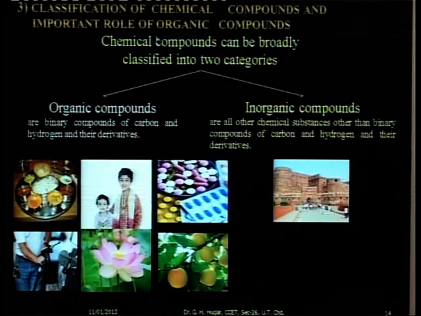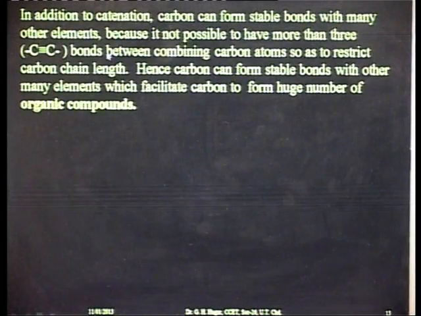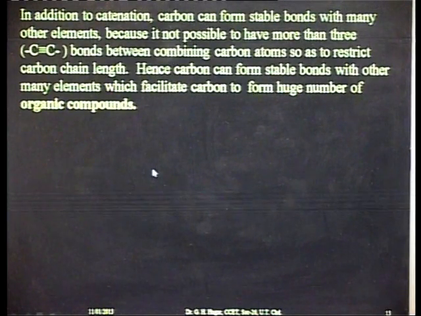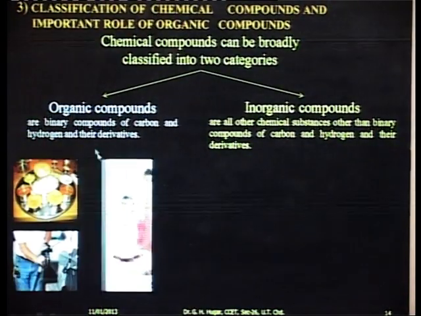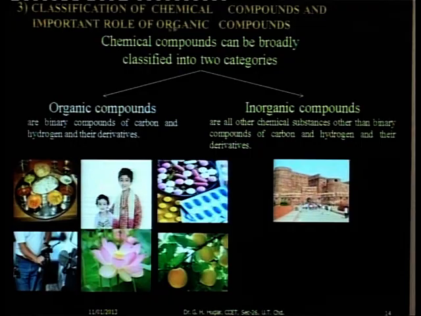So far we have found that there is a huge possibility of organic compound formation because of the unique property of carbon and its ability to combine with other atoms to form chains. Now we will discuss the classification of chemical compounds and the important role of organic compounds.